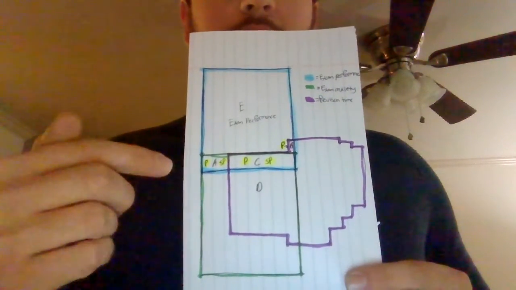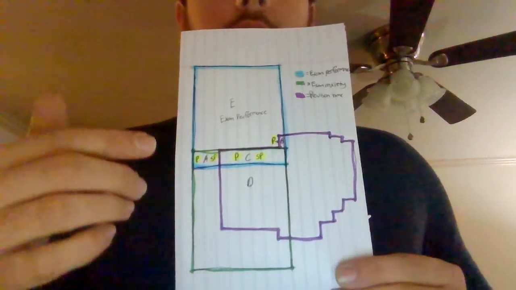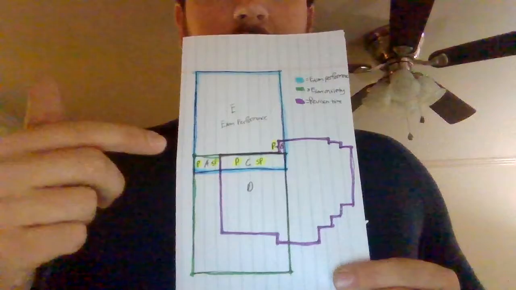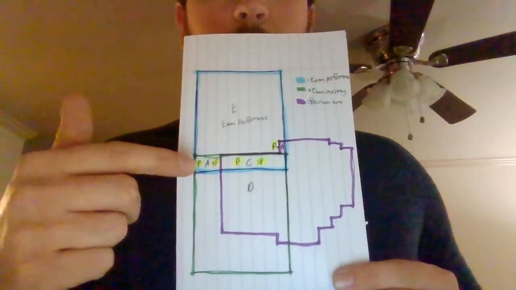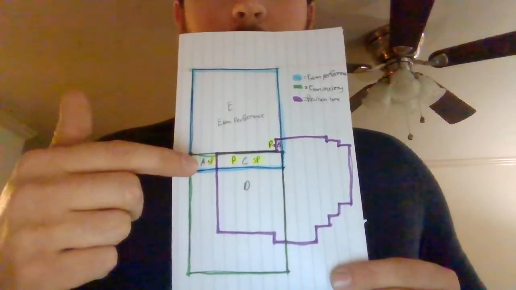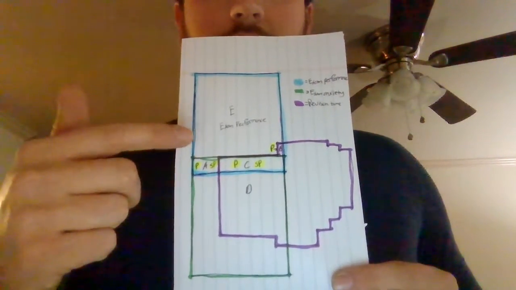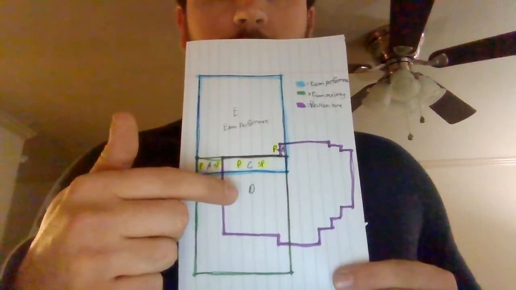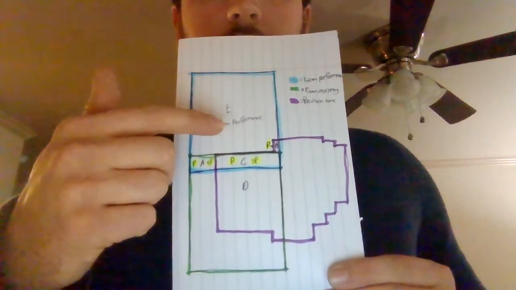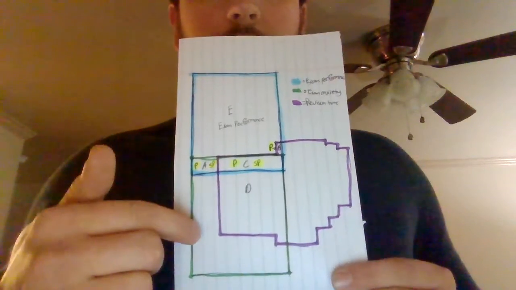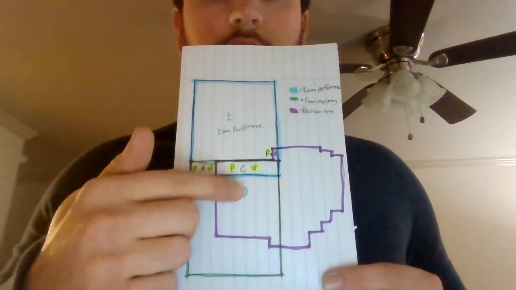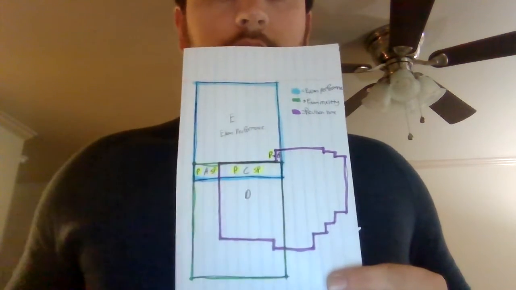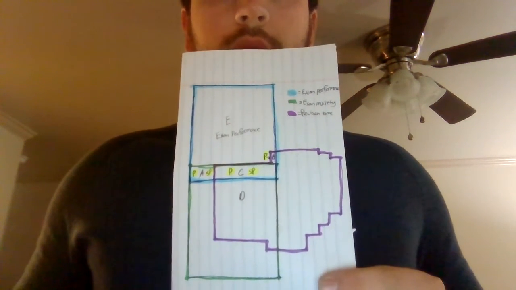Partial is going to look at the revision time along with it, but it's going to look at all three points where it intersects: exam performance and exam anxiety, exam performance, exam anxiety, and revision time, as well as exam performance and revision time.